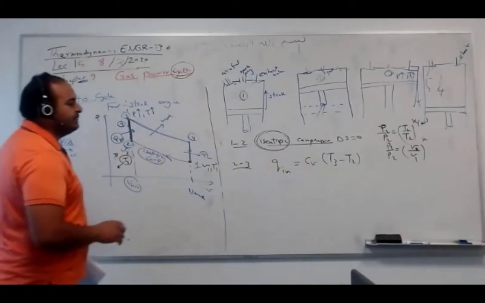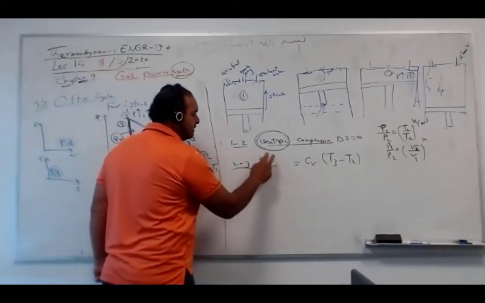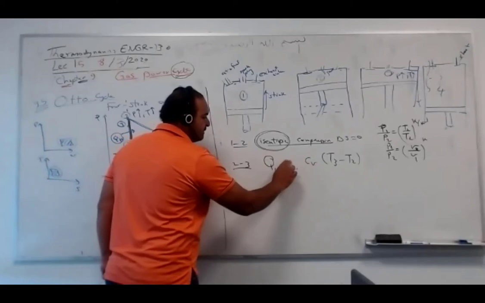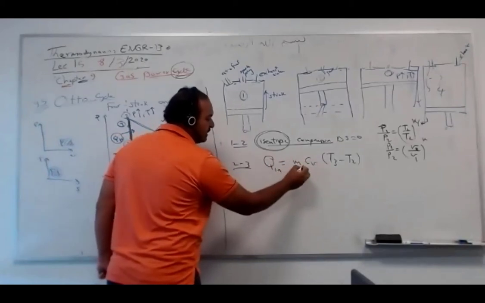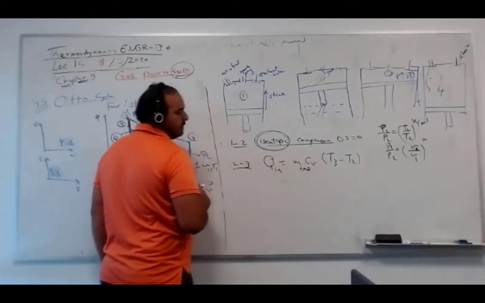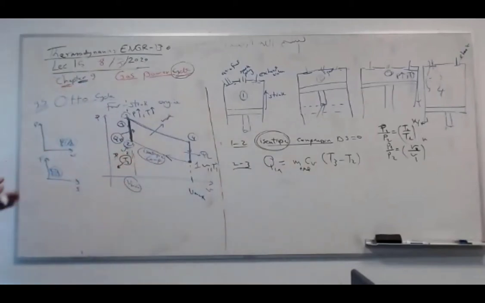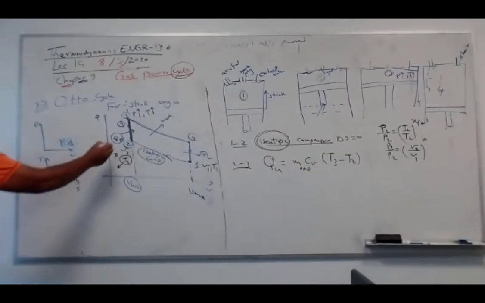This is the heat addition per unit mass. If you want heat total, multiply by mass, air total, like air and fuel, because we assume fuel is air. Just m CV delta T. That's exactly heat addition, closed system, constant volume. This is closed system, guys.